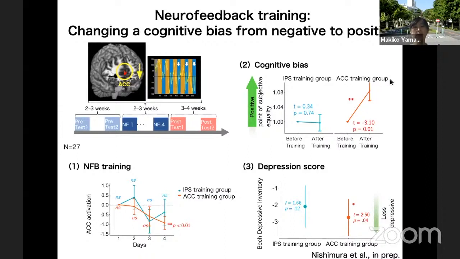The ACC trained group showed more positive judgment of ambiguous faces, whereas the IPS trained group did not show a difference between before and after training. Also, we tested the depression score and found that the ACC trained group became less depressive after training.